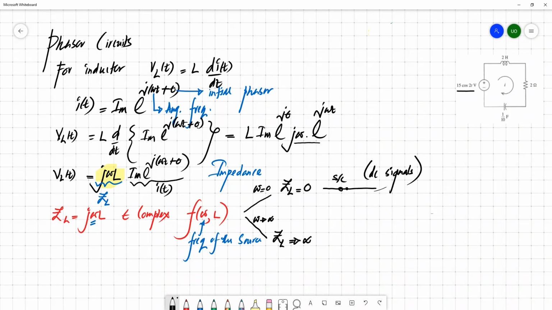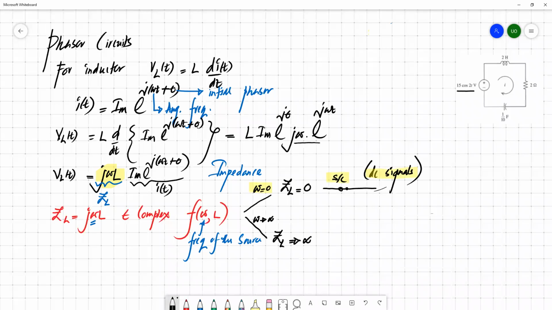For omega equals 0, it's a short circuit, and omega equals 0 means the DC component.